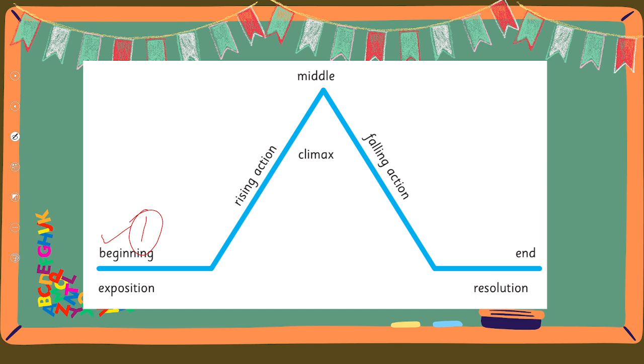An action is anything happening which is very meaningful in the story, and it rises. This very first action rises the story towards the middle or the climax. And then we have some falling actions that are resolving the story, and in the end we are ending the story with a resolution of different conflicts.